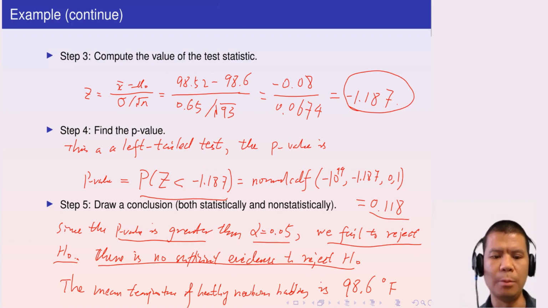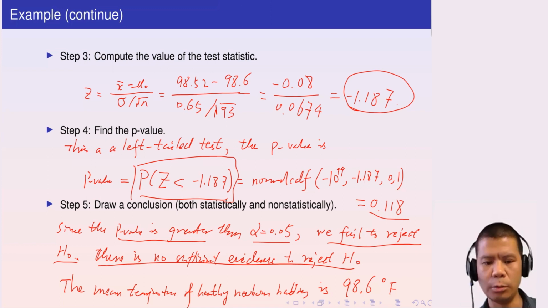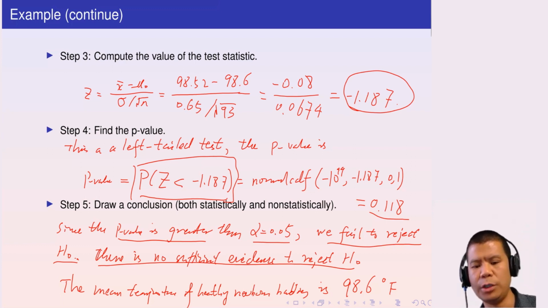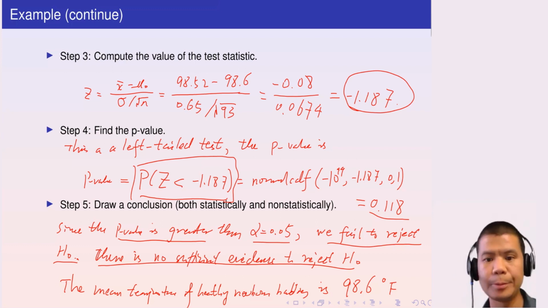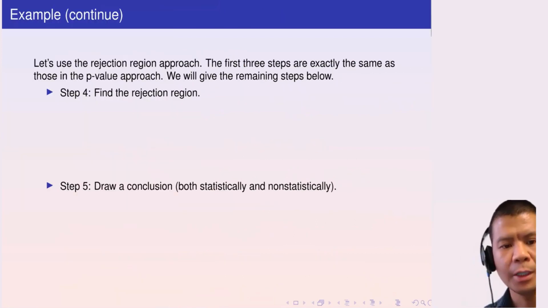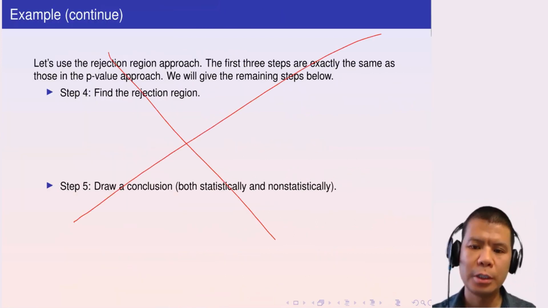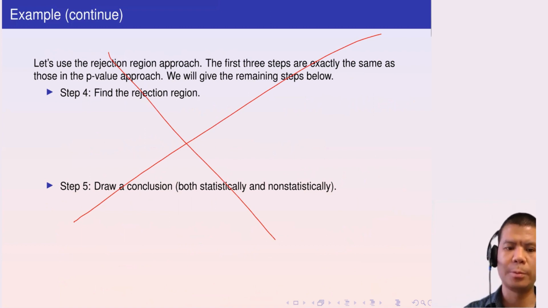That is the probability of being less than this value. Because the p-value is greater than alpha, we fail to reject. There is no sufficient evidence to reject. So therefore, we conclude non-statistically, the mean temperature is 98.6. Right, this rejection region approach, I'm going to skip here.